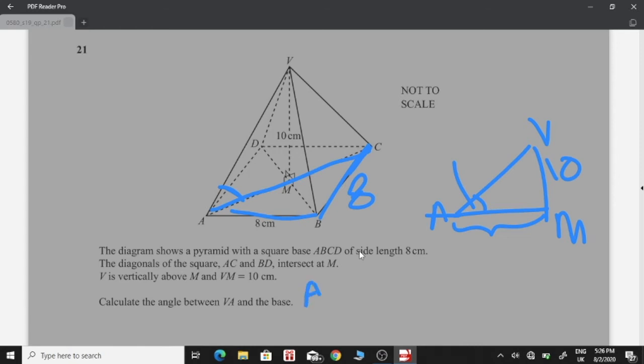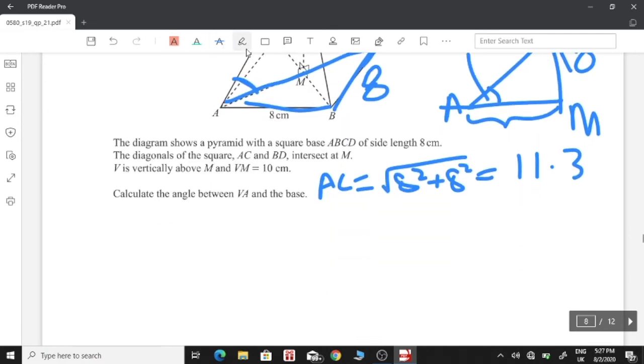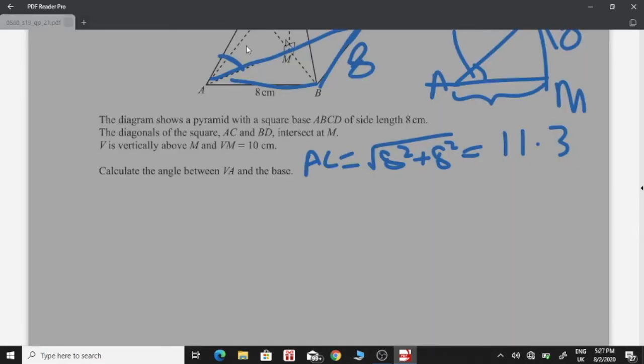So AC is equal to root of 8 square plus 8 square. So AC is equal to 11.3. Since AM is half of AC, AM becomes 11.3 divided by 2, which is 5.66.